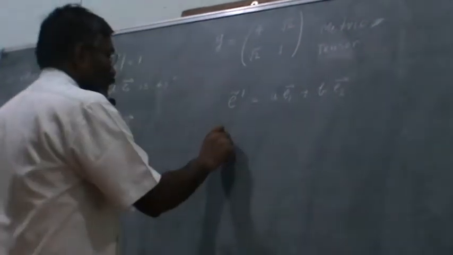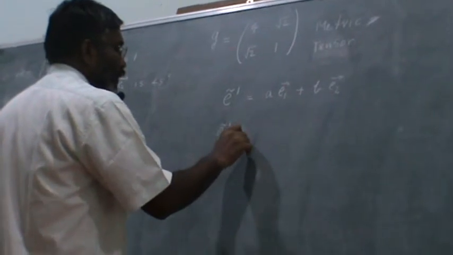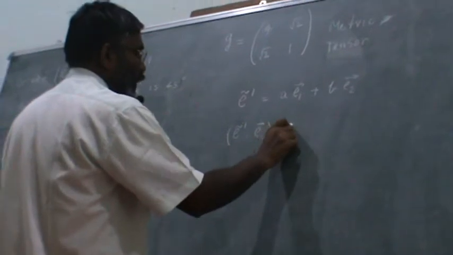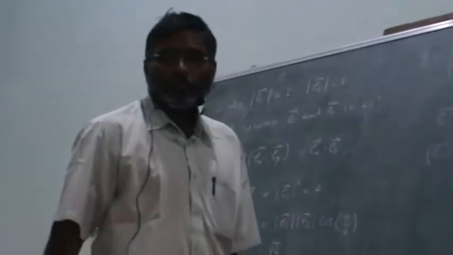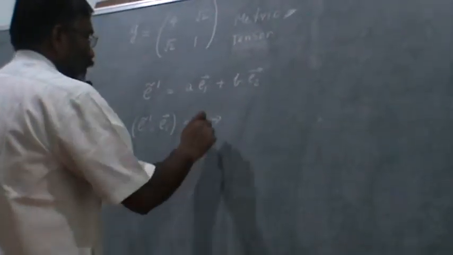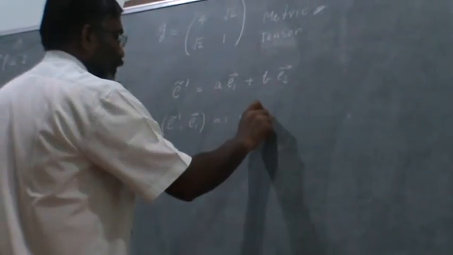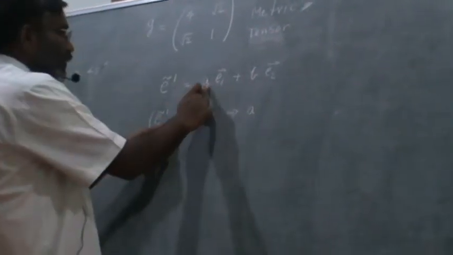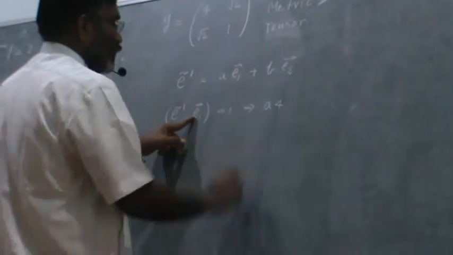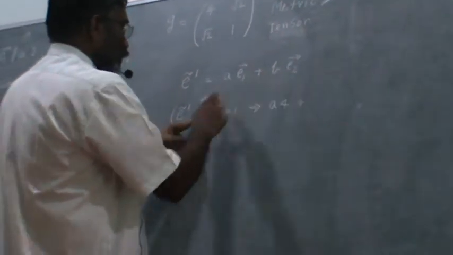Now I require this E1 tilde comma E1 to be 1. Correct? This implies A times E1, which is basically 4, plus B times E2 to E1.